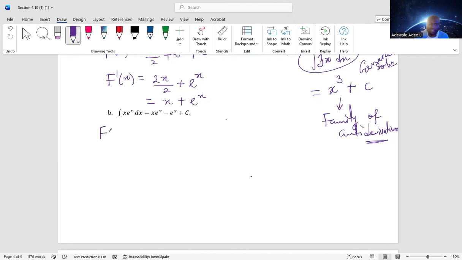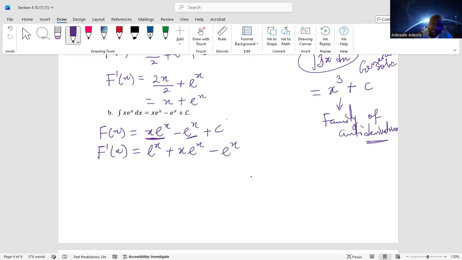Let us check the next one. The antiderivative in this case is x e to the x minus e to the x plus c. Let us simply take the derivative of our function. I can apply the product rule here. The derivative of x is 1, so I will say e to the x plus, now I keep x, and the derivative of e to the x is e to the x. Minus the derivative of e to the x, which is e to the x.